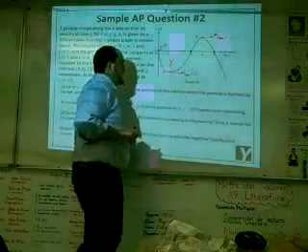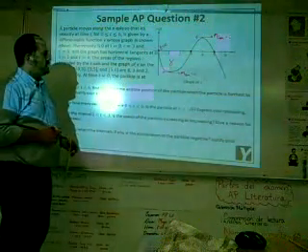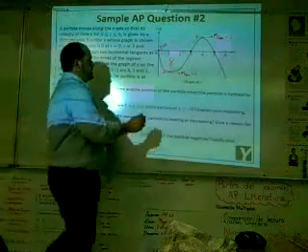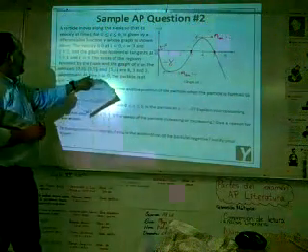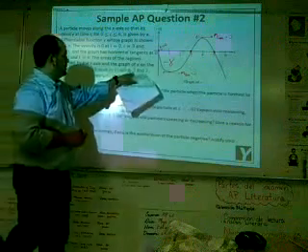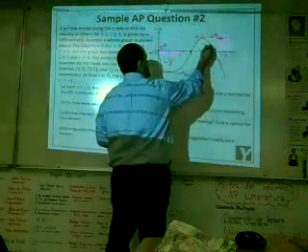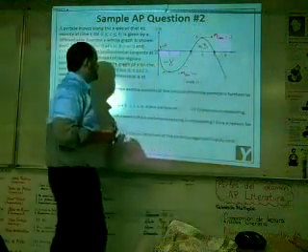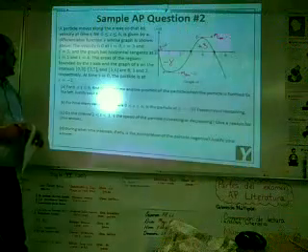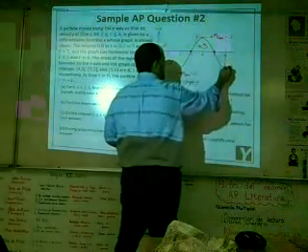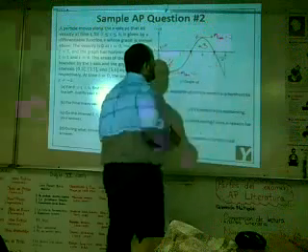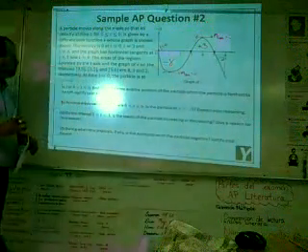So I've got 8 units there. Because I'm below the t-axis in this case, my velocity will be negative. From 3 to 5, the area is 3. I'm above the axis, so we're going to make that positive. And from 5 to 6, the area is 2. So right here, that'll have to be negative 2.